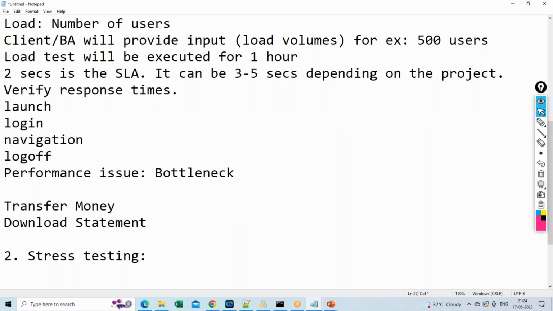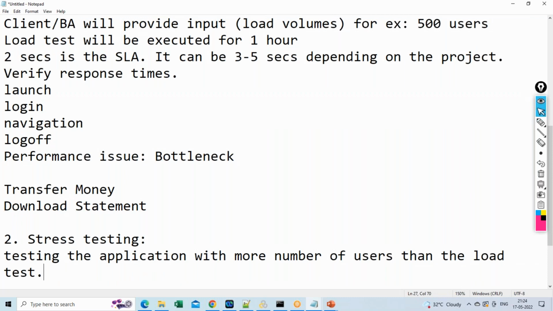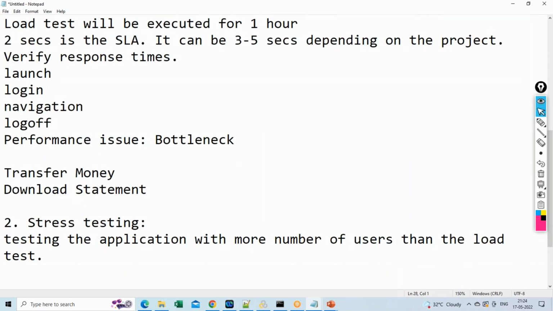What is stress testing? Basically, testing the application with more number of users than the load test. Let's say we have performed the load test with 500 users.